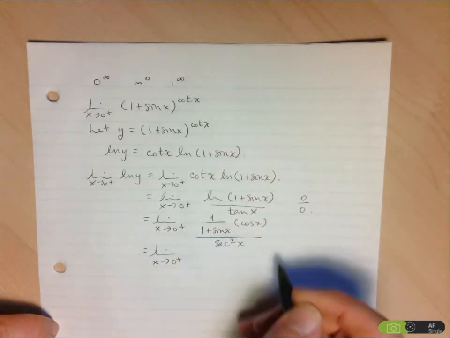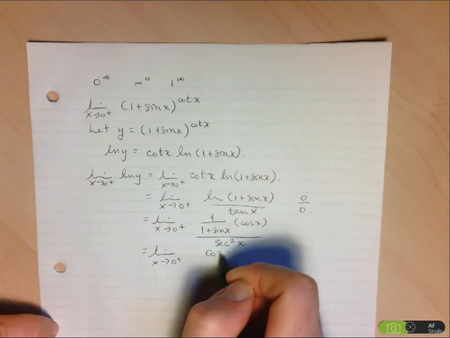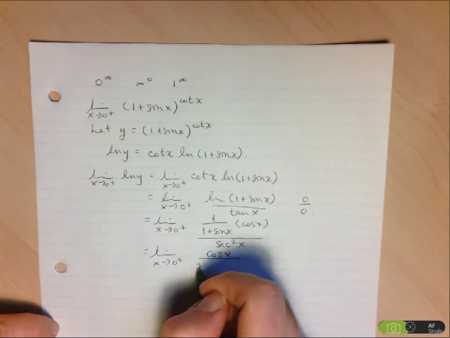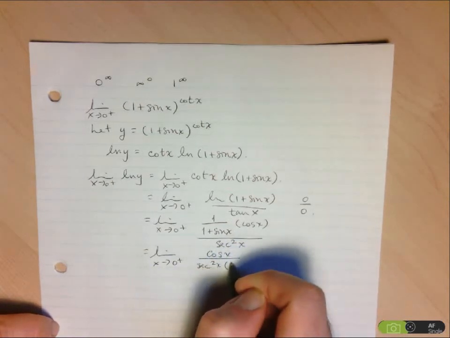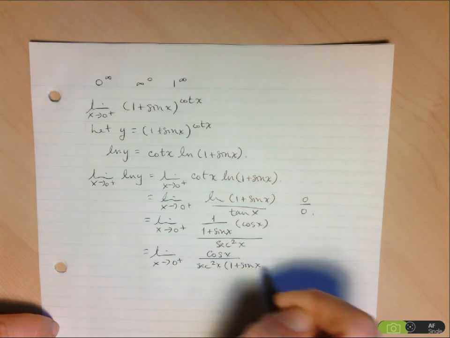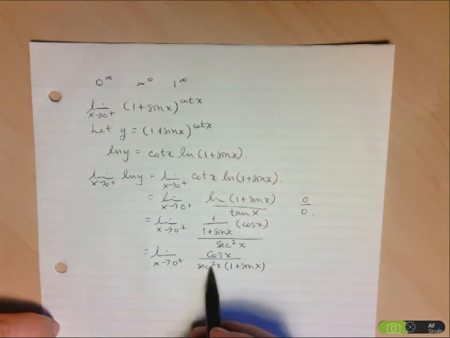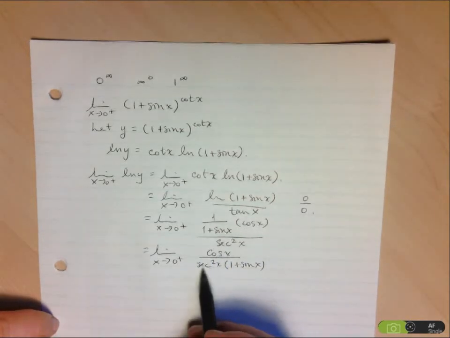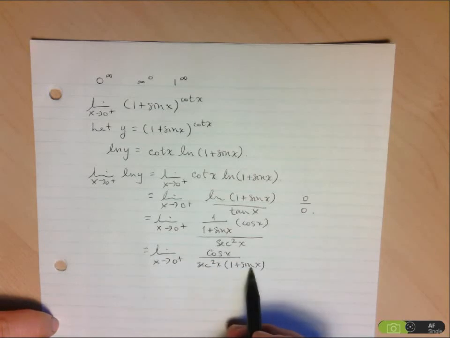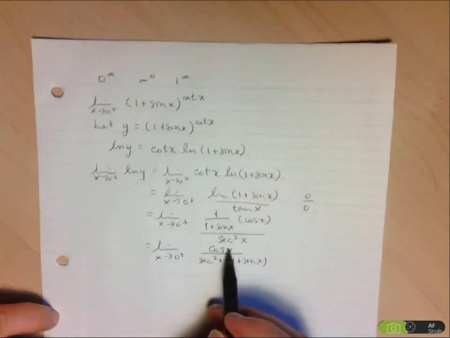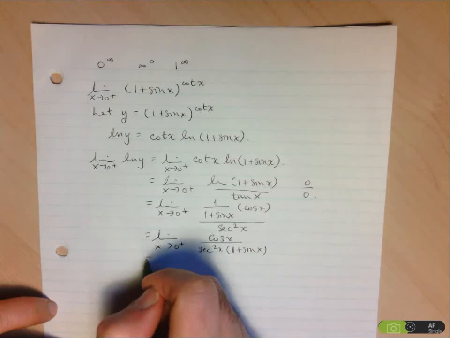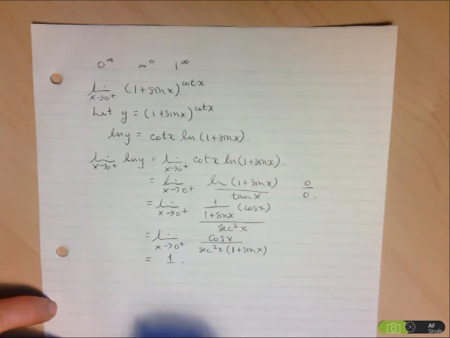I will rewrite this here as cos x over secant squared x times 1 plus sine x. Okay, and in the denominator, the secant squared x approaches 1, 1 plus sine x approaches 1, and cosine of x approaches 1. So this limit here is just equal to 1.